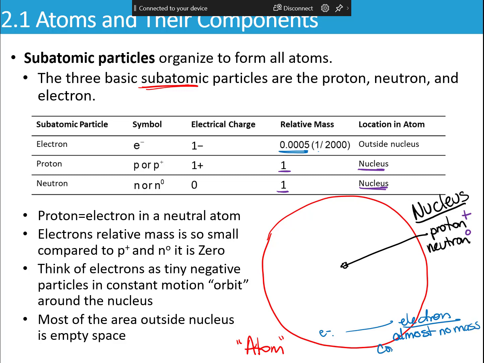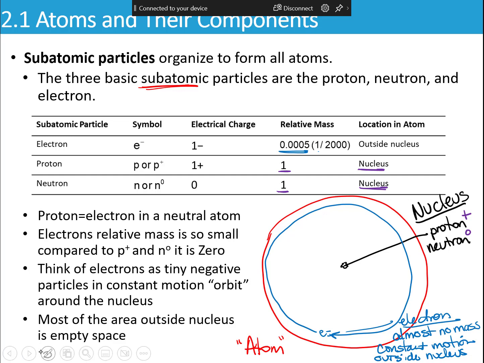They are in constant motion outside of the nucleus. They don't just sit in one place. They actually have a path or an orbital that they exist in. So they're constantly moving. They're extremely small.